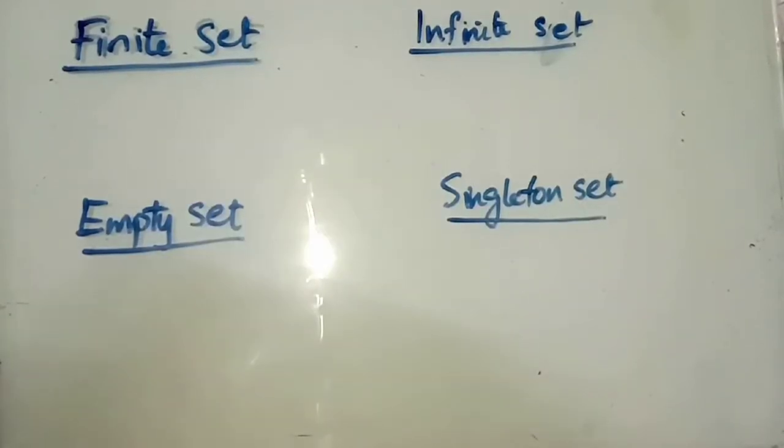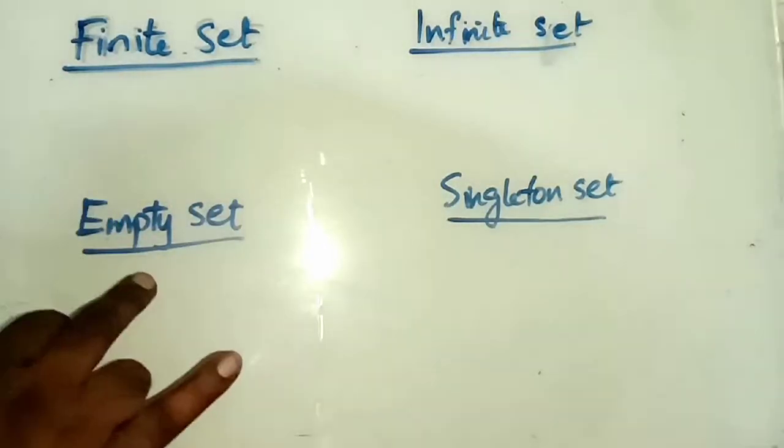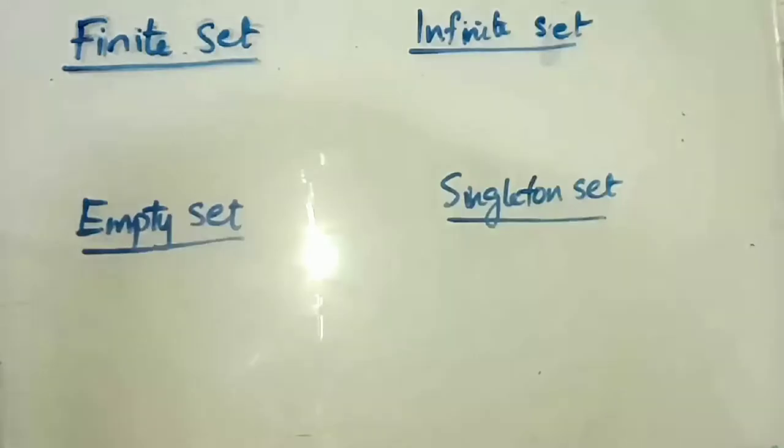Now let's discuss a few types of sets. So the first type is finite set, second is infinite set, third is empty set, and fourth is singleton set. So what is a finite set?